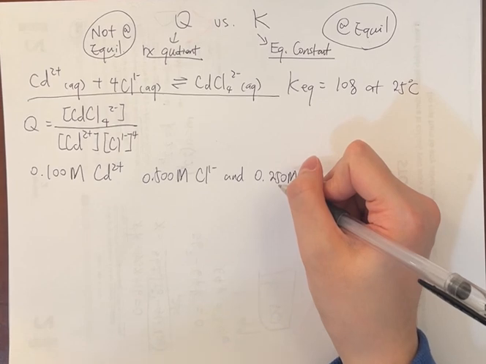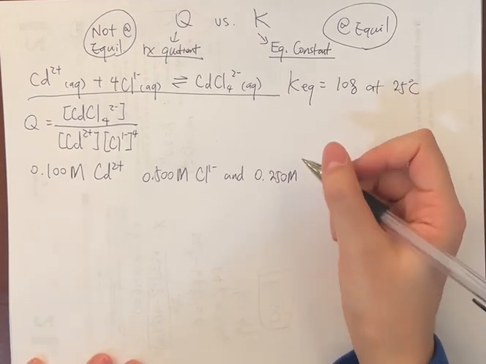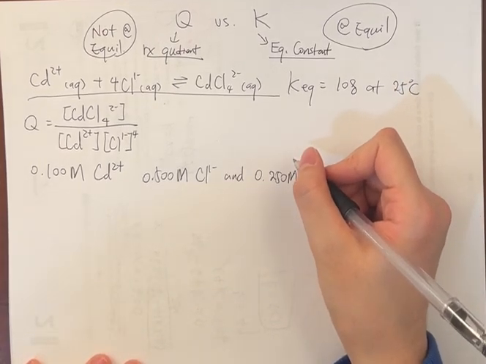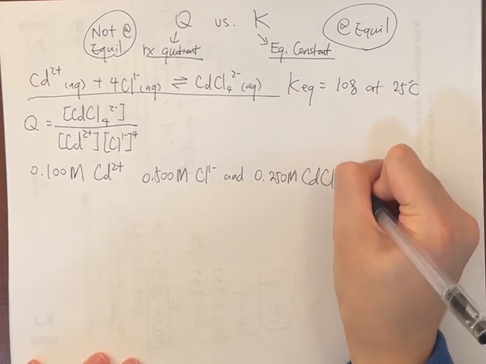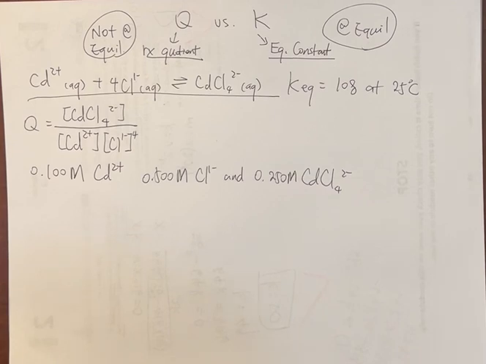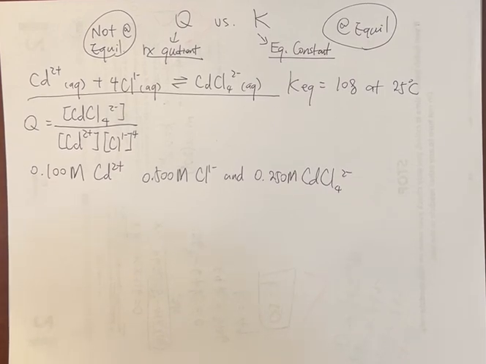So this is a very long polyatomic ion name. I will try my best to pronounce it, but I'm not sure if it's correct. Correct me if I'm wrong. Okay, thank you. So this will be this. Let me try again: tetrachlorocadmate ion. I don't know, does that sound right? Sorry.